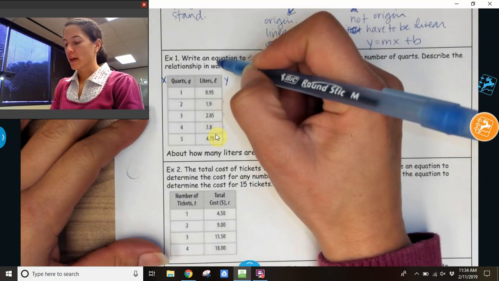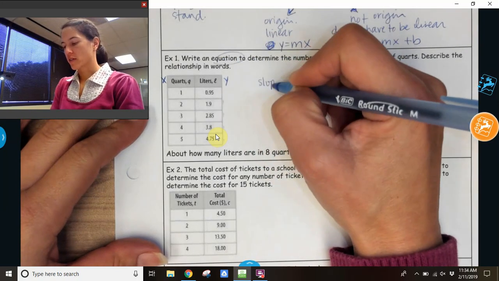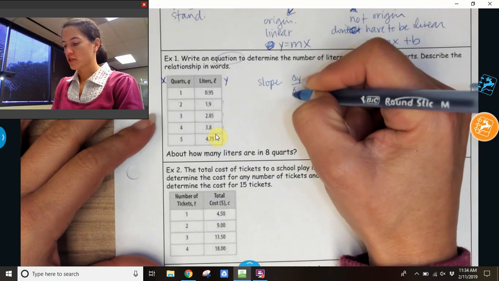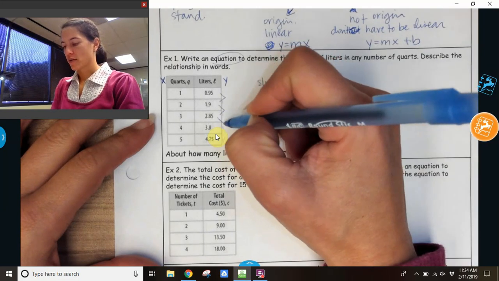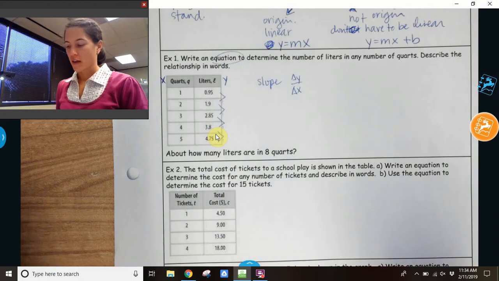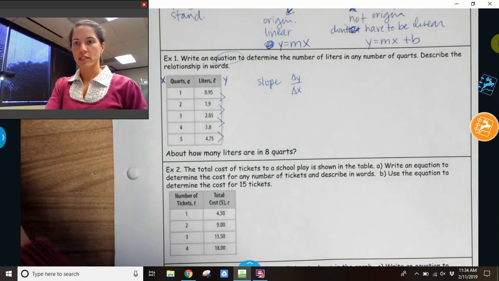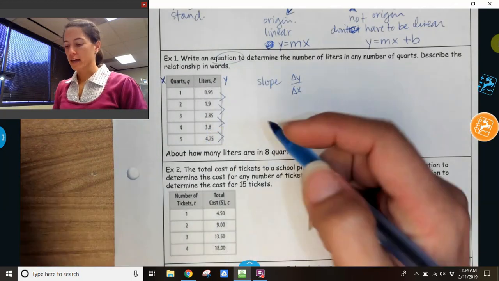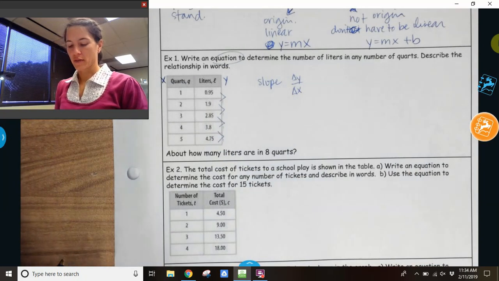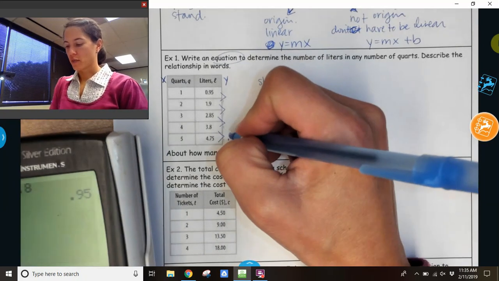So in order to write an equation, I need to find the slope, the change in y over the change in x. So you could use your calculator. I would subtract 4.75 minus 3.8, and I get 0.95.